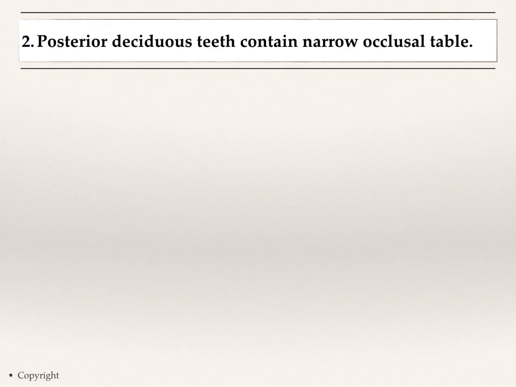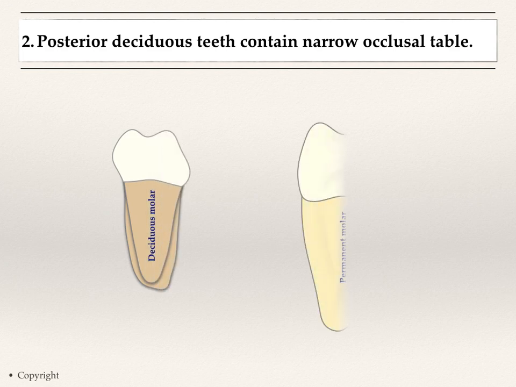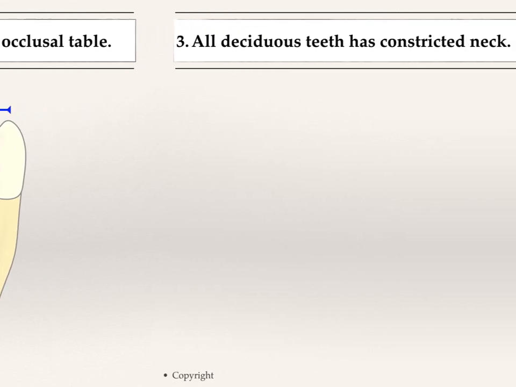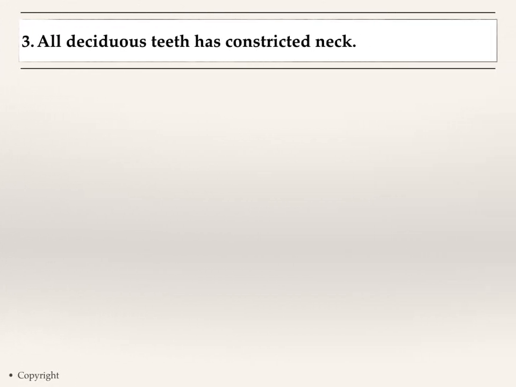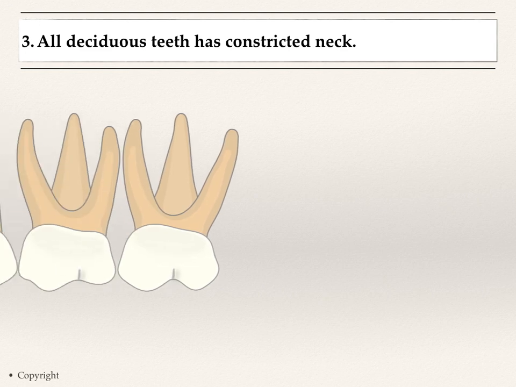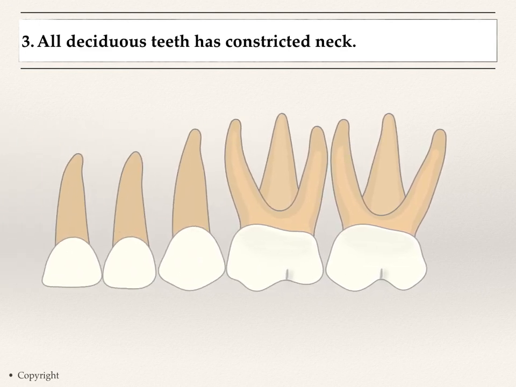Posterior deciduous teeth contain a narrow occlusal table. This is the occlusal table. All deciduous teeth have a constricted neck.